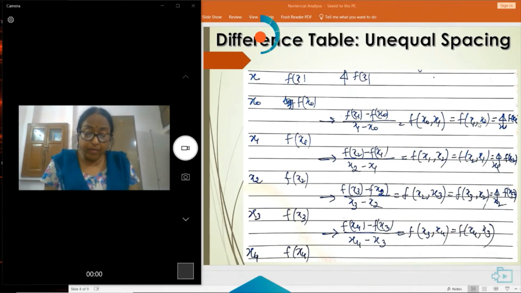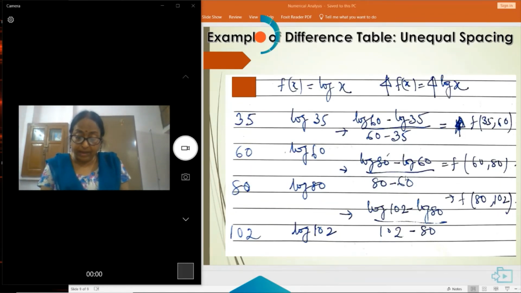Now, secondly, (f(x2) minus f(x1)) divided by (x2 minus x1), we call it f[x1,x2] or f[x2,x1], and so on. For example, if x takes the values, suppose 35, next 60, next 80, and next 102, we can see the differences are not equal.